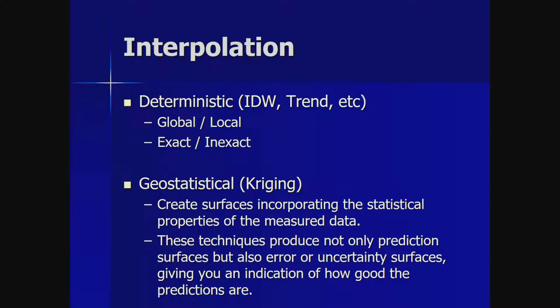That's what deterministic interpolation does. One example is IDW, and we're going to talk about how IDW is calculated today. We're going to talk about different categories of interpolation. And then we have quite a few slides on geostatistical interpolation, or kriging, which has applications beyond interpolation, but is definitely important for this topic.